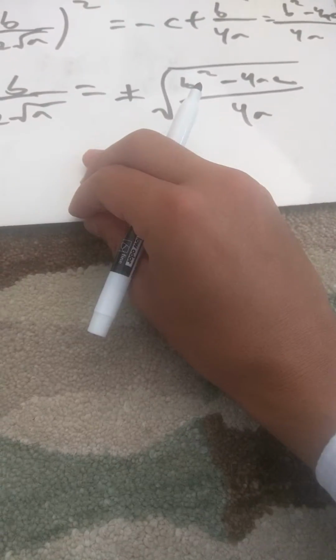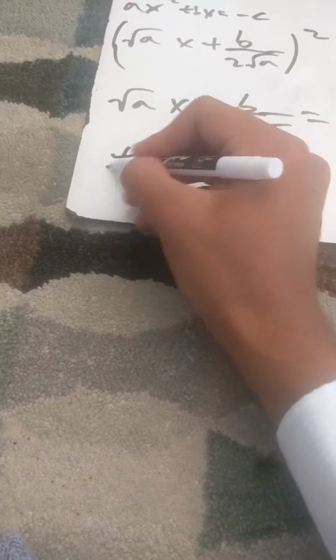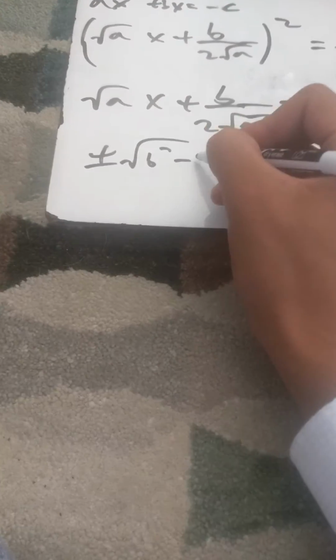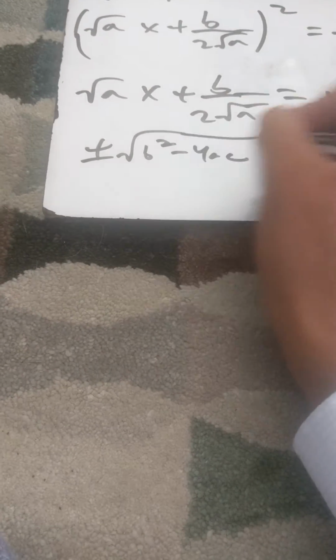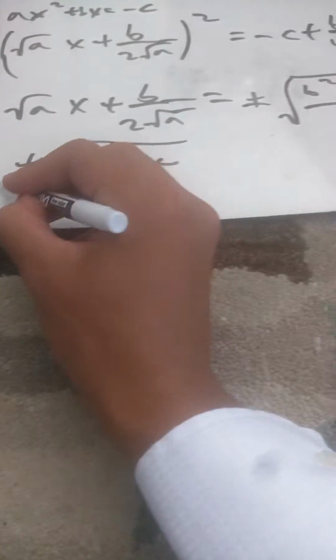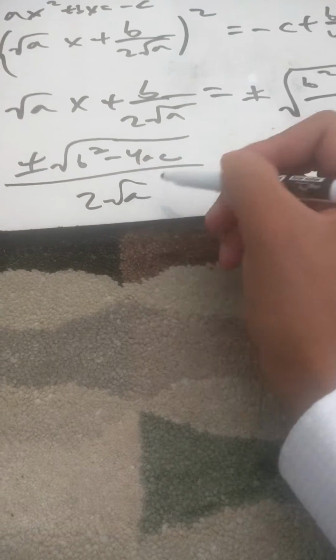And now we can write this as plus or minus the square root of b squared minus 4ac, familiar, right, over 2 times the square root of a.